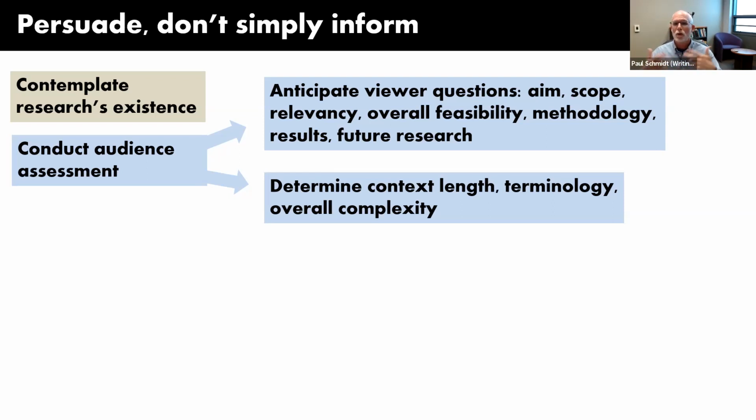But if they already know what you're talking about, you can expedite matters and get to the crux of what you wish to discuss. It also will depend or determine the terminology that you use, right? So are you defining words or are you not? Well, if people already know the terms, then you don't want to define those terms because you have a finite amount of time to say what you want to say.